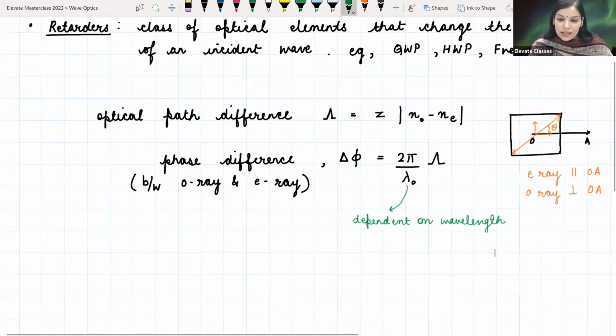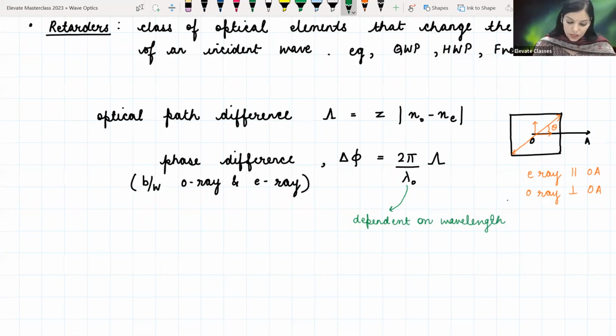And the second thing is, till now we have only considered the input light to be a P state, a plane polarized light. Okay, so in this diagram, when I'm considering this incident field, this is a P state that I'm considering, but there can be other types of incident light also. I can have circularly polarized light incident on a retarder, or an elliptically polarized light incident on a retarder.